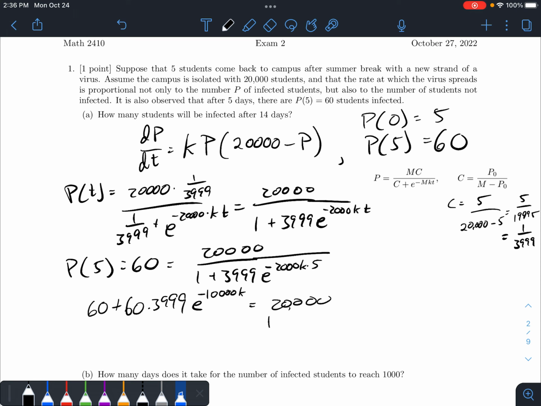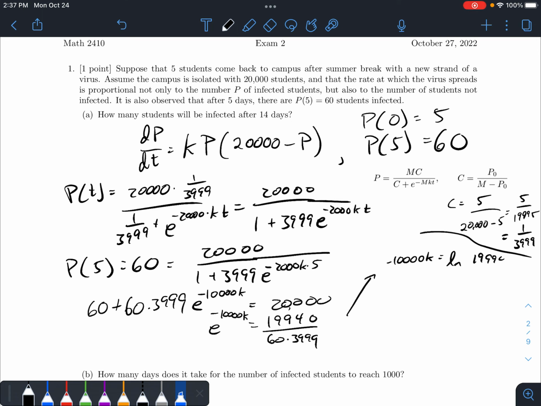Subtract over 60, and I get 19,940. And then I'm going to divide by the 60 times 3,999. This is equal to e to the negative 100,000k. So then, taking natural log of both sides, we get negative 100,000k equals natural log of that right-hand side.